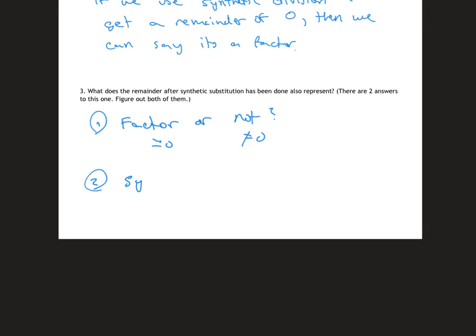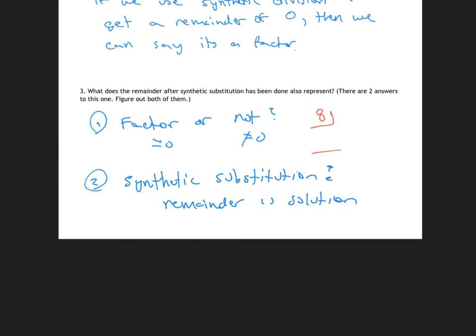I don't want to be lazy. The remainder is your solution. So for instance, if I took 8 and divided, yada yada yada, and got -3, f of 8 would equal -3. Nice and easy, quick way to do things.